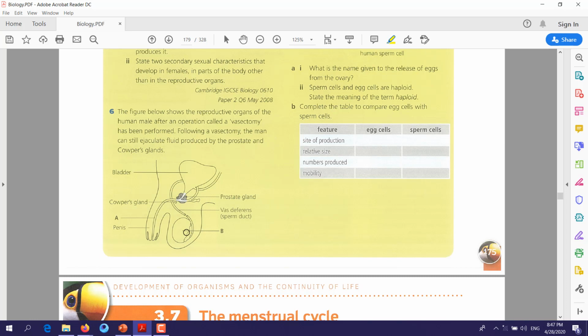If we explain on this diagram, it starts from the testes. Then it goes through this tube, which we call the sperm duct. Then from the sperm duct it passes through the prostate gland, which releases the seminal fluid. Then after the prostate gland, it goes through the urethra and then outside the body.